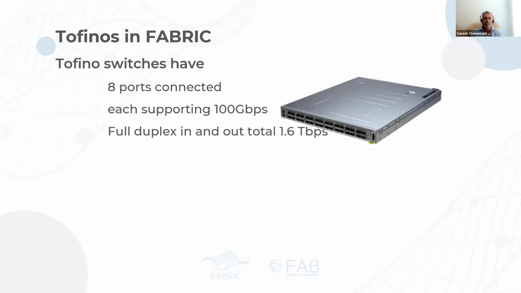So with full duplex, it is 8 times 100 times 2, which means you can conduct experiments of up to 1.6 terabits total. Recently, there was an OFC demo where they were showing 800 Gbps over the terabit core.